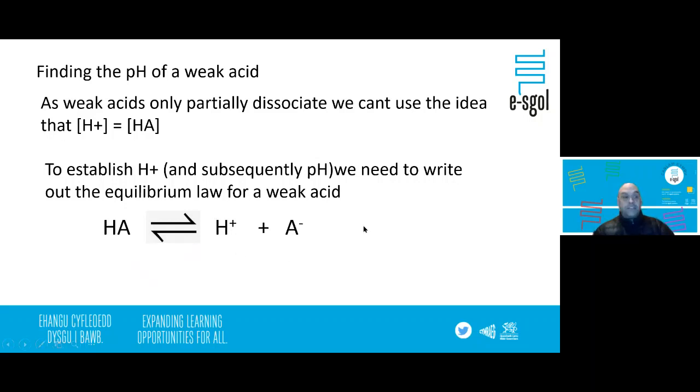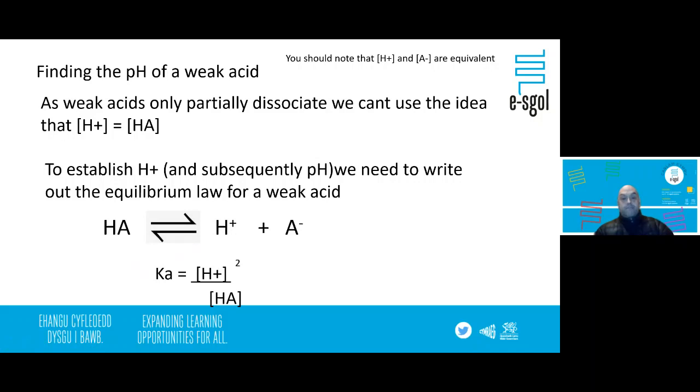Whenever I'm doing a calculation with A-level chemists on acids and I'm not quite sure what formula I'm using, I always go to this. So it's a really good starting point for your calculations. You can see here that our Ka, our acid dissociation constant, is equal to the concentrations of the H plus and the conjugate base that it generates, divided by the concentration of the acid. So we'll look at a calculation with that now.